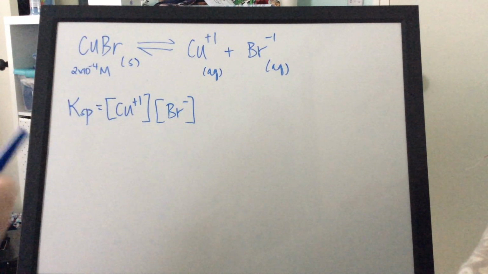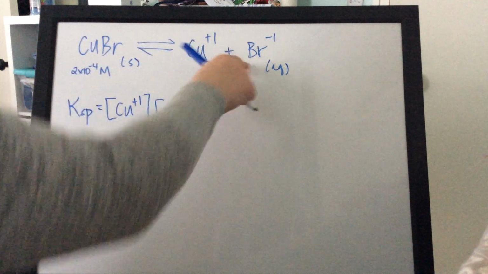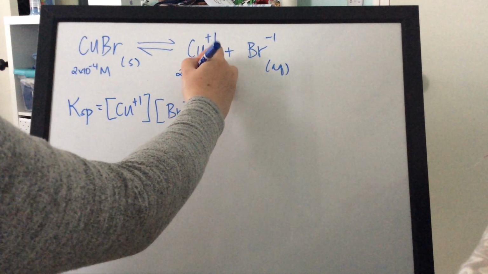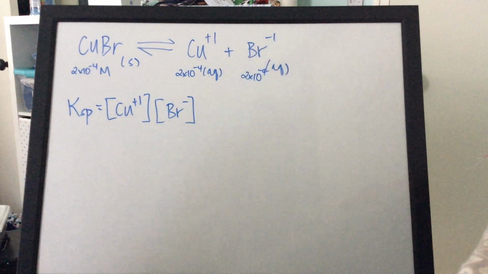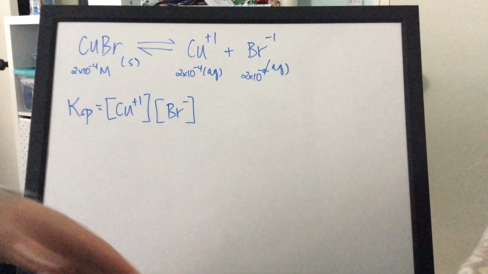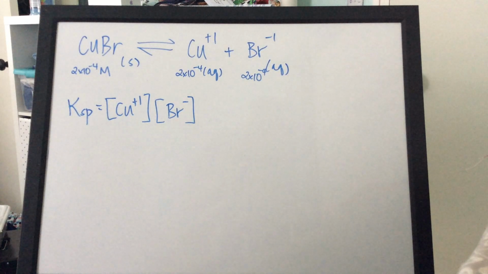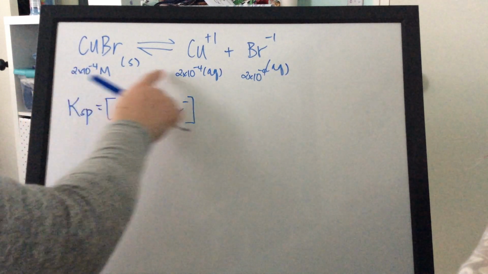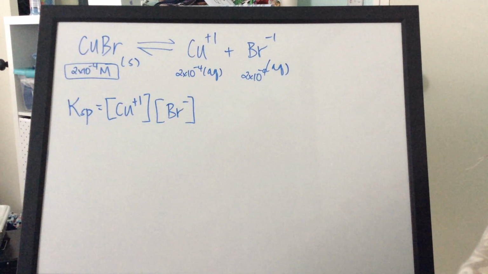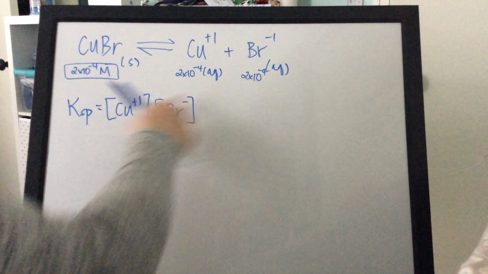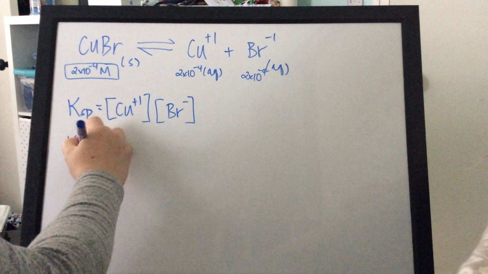This is a very easy one because these coefficients are all 1. So this would have a concentration of 2 times 10 to the negative 4th, and so would the Br minus. To repeat, all I'm doing is writing a sequence for my ions with the fact that they told me this was the solubility of the compound. Then I have these two numbers, so I can plug them in and calculate a Ksp.